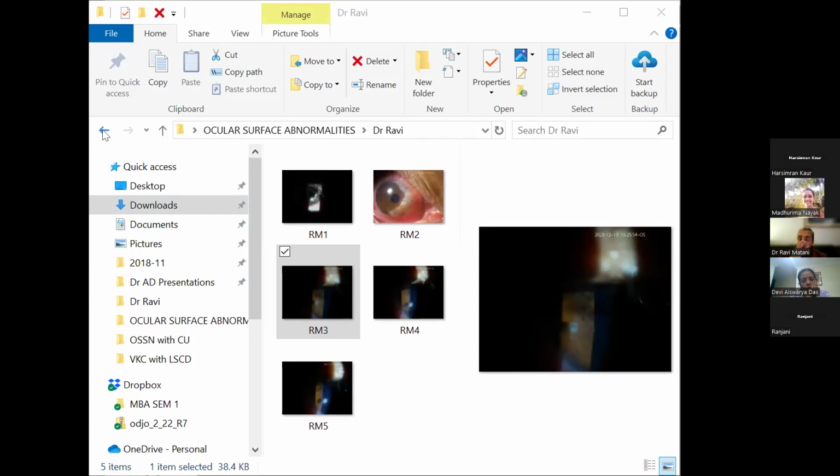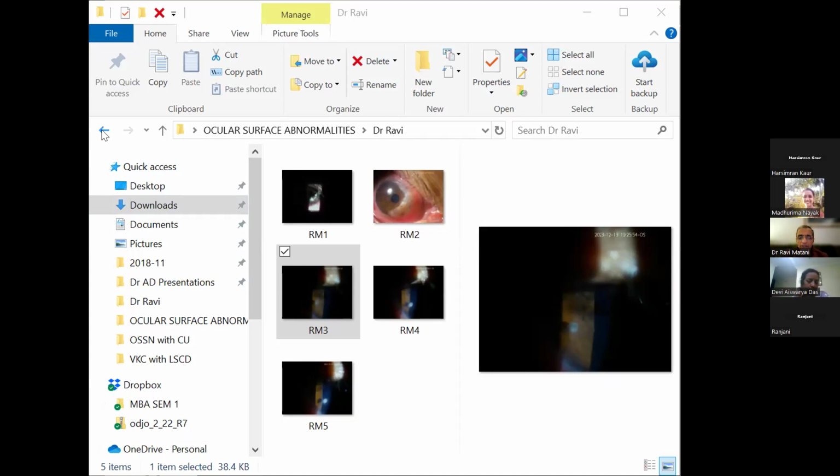Since he's already on all these things, I saw him 4-5 days ago. So what I did was I scraped the surface of the lesion, gave him natamycin plus voriconazole plus ketoconazole and gatifloxacin 0.5% 4 times a day.